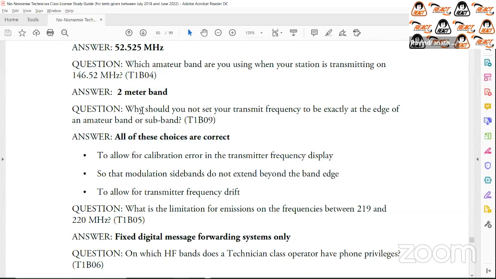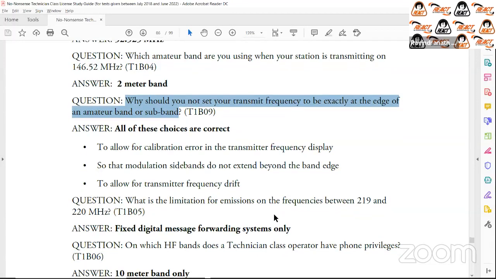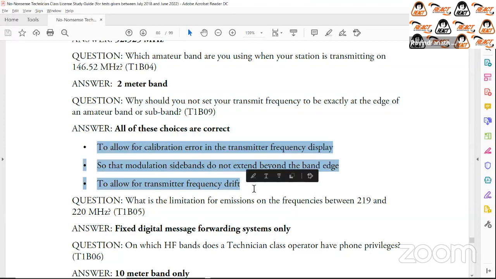All right, why should you not set your transmit frequency to be exactly at the edge of an amateur band or subband? Well, we dealt with it last class, and we also rehashed it a little bit with an updated diagram today, right? So all of these answers are correct.